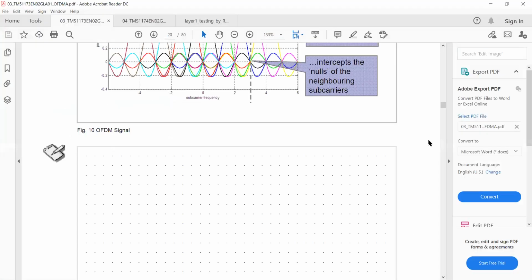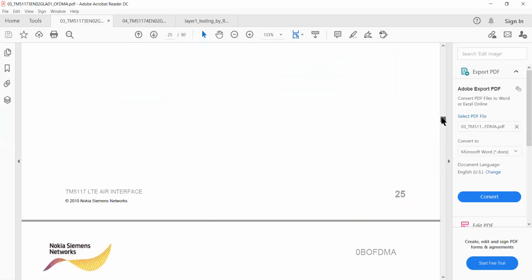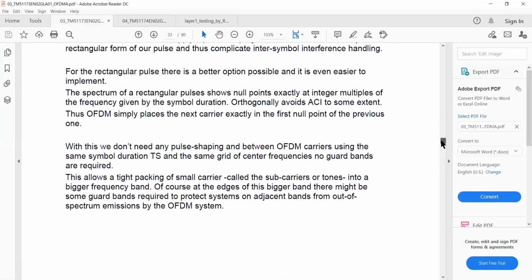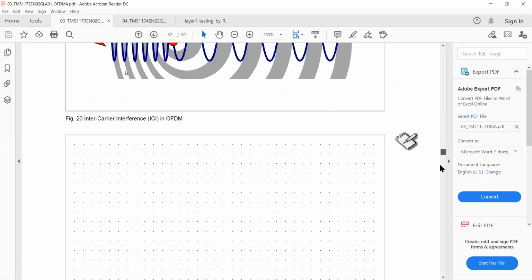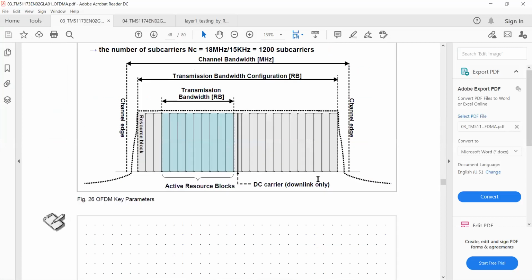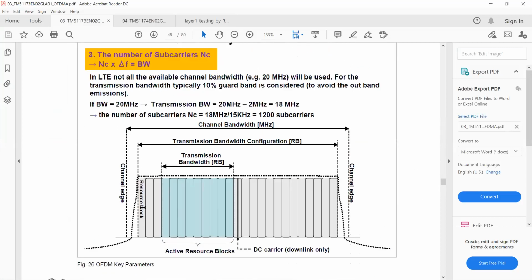If our channel bandwidth is 20 megahertz, we will not utilize the maximum bandwidth, because there may be a loss of data at the cell edge. So we do not schedule RBs at the cell edge. We reserve some bandwidth, one at the left side cell edge and one at the right side of the cell edge.